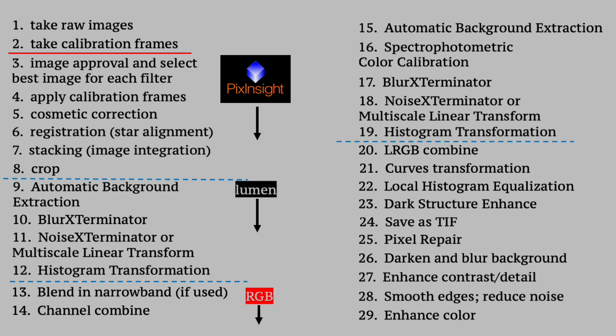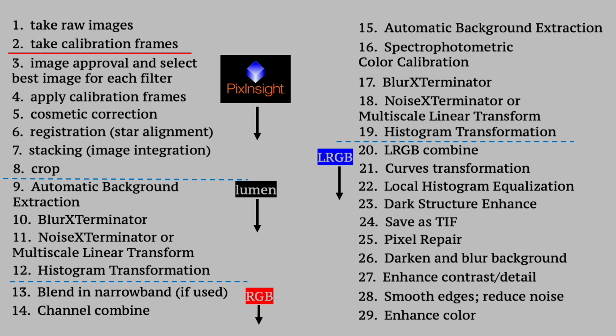And then if we continue in the next column, working with the RGB down to step 19, the histogram transformation. And again, step 12 and step 19, the histogram transformation in lumen and in RGB. This is when we go from linear processing to nonlinear processing, disrupting the proportion of photons to the pixel values.